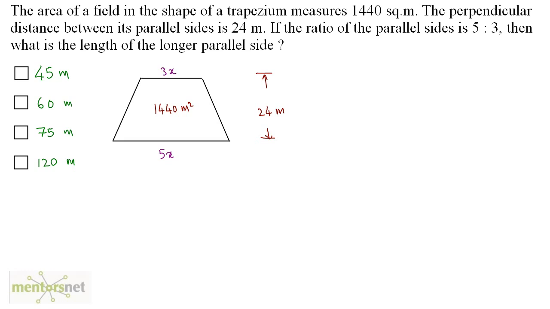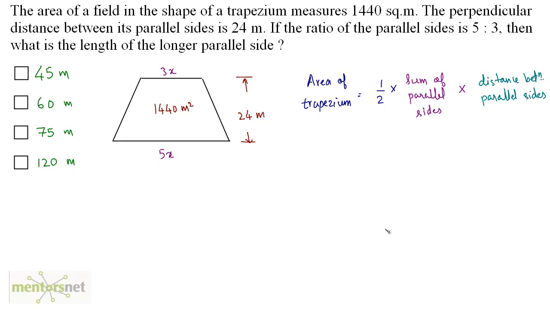Now we know the formula for calculating the area of a trapezium: half into sum of parallel sides into distance between the parallel sides. So area is given 1440, which is equal to half into the sum of parallel sides, that's 5x plus 3x, times the distance between the parallel sides, that's 24. So 2 times 12 is 24. Now 1440 is equal to 5x plus 3x is 8x times 12.